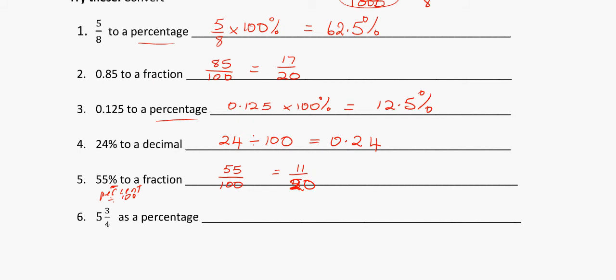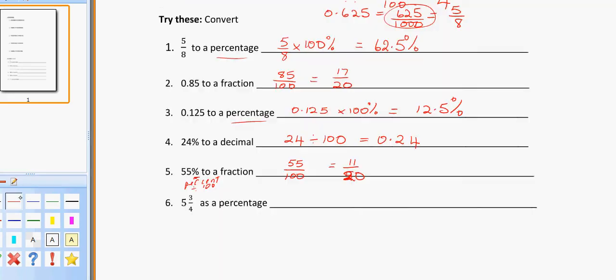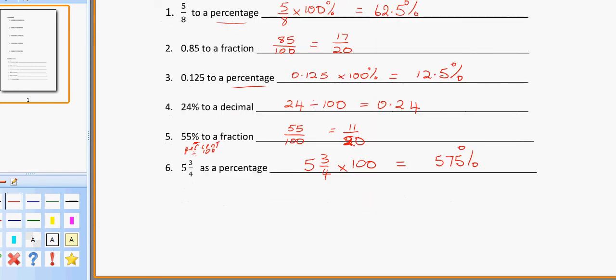And the last one, 5 3/4 as a percentage. Well, it's going to be more than 100%. Let's see, 5 3/4 times 100. Key it in, multiply it, and you get 575%.